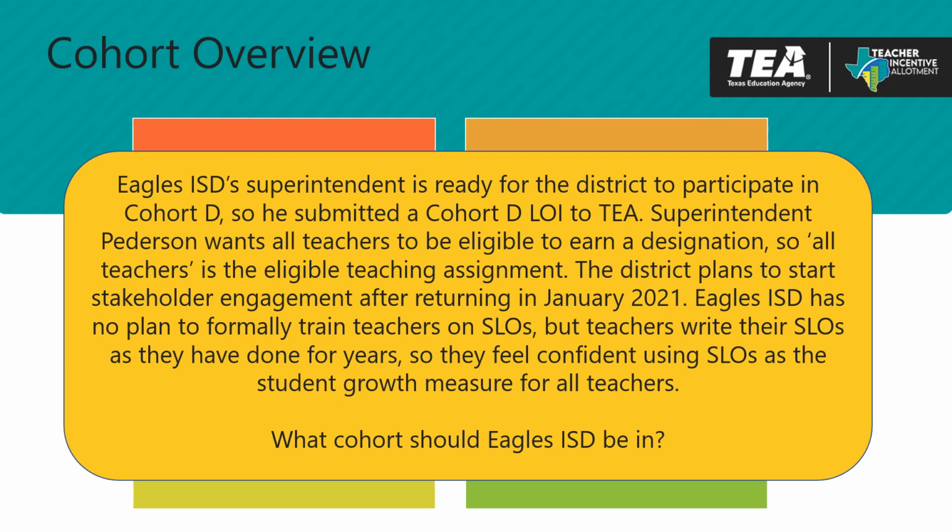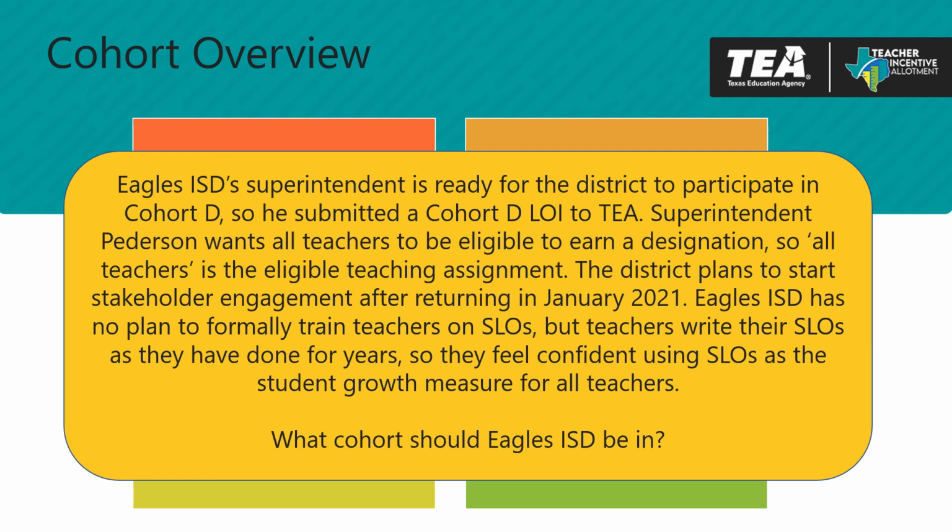What cohort should Eagles ISD be in? There's a lot of questions we should consider here, but the first is, when is the application due for Cohort D, which we know is April 15th, 2021? How long should effective stakeholder engagement be, at least in best practice terms? We know that the process of engaging stakeholders should take 1 to 2 years, and that's best practice.